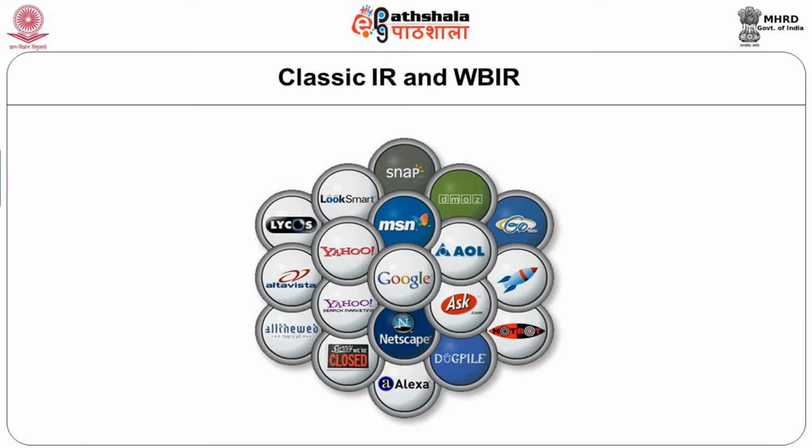Many such requirements occur in the life of a common person, and most probably they are using the internet to find out what they require. So how did it work in the classic IR system, and how can we compare this to the web-based information system?